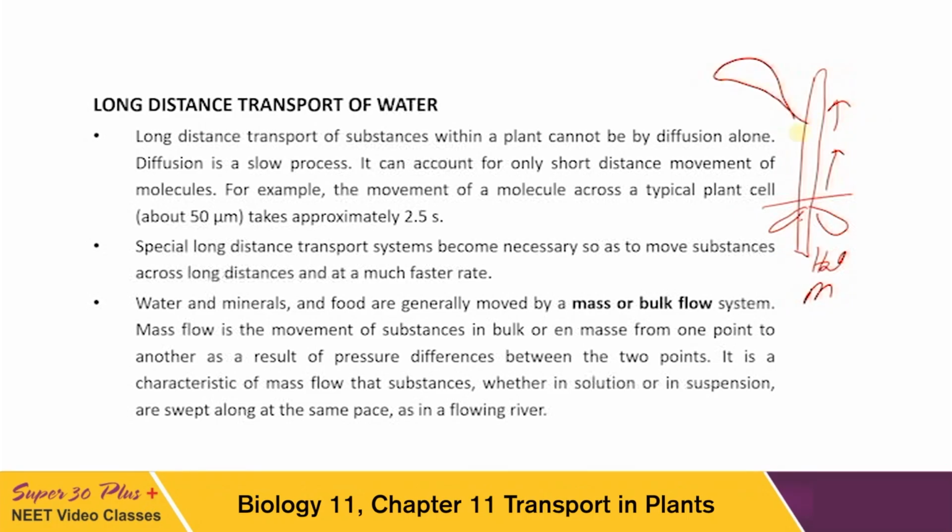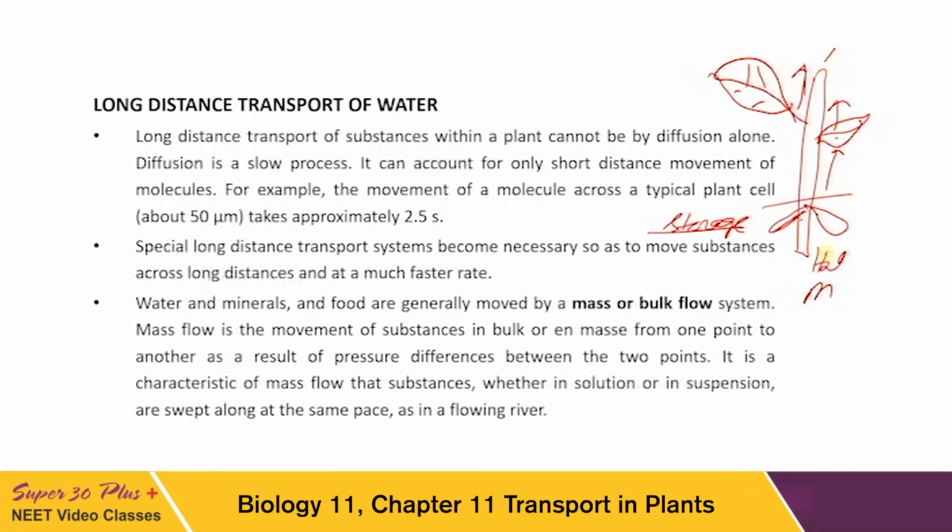Similarly, the leaves will make photosynthetic products. These photosynthetic products are required by the tip of the plant, by other leaves and other parts of the plant, and sometimes the root when the roots are functioning as storage organ. Otherwise food is required by all parts of the plant.